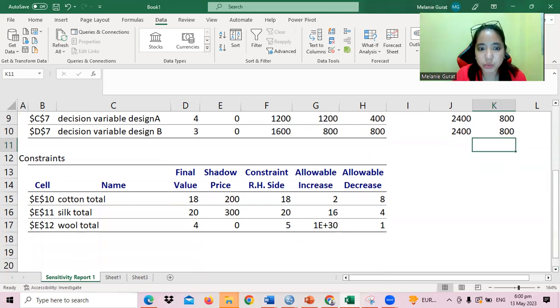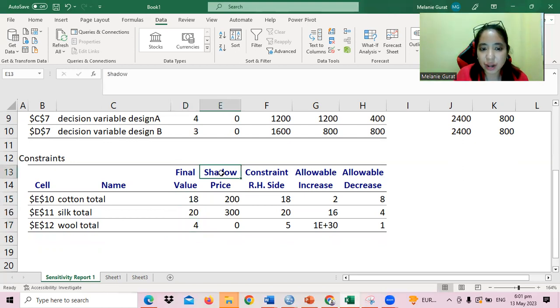Now moving to the second table, which shows the constraints. The final value here corresponds to the amount of cotton used in producing 4 gowns of design A and 3 gowns of design B, so 20 for silk and 4 square meters for wool.